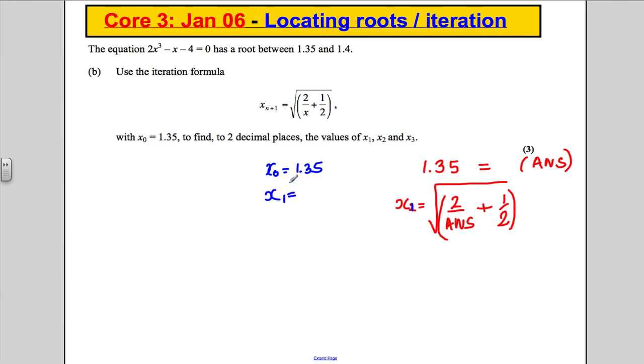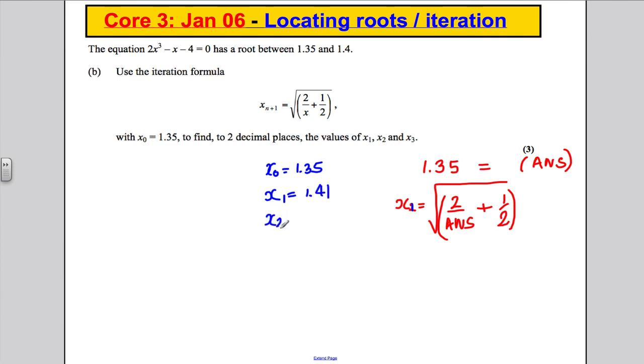Well, I'll give you a moment to do it. And you should have got root 642 over 18, which to 2 decimal places is 1.41.